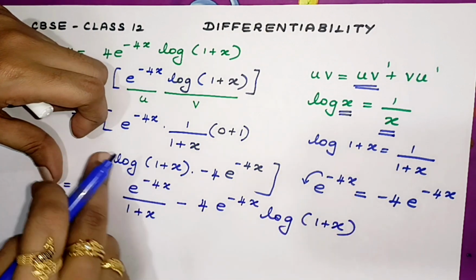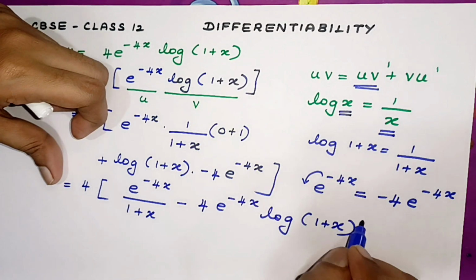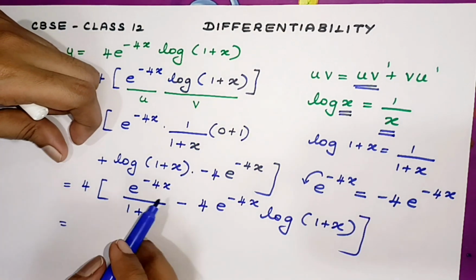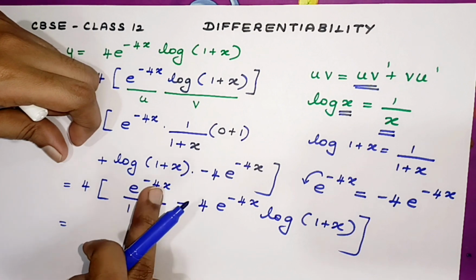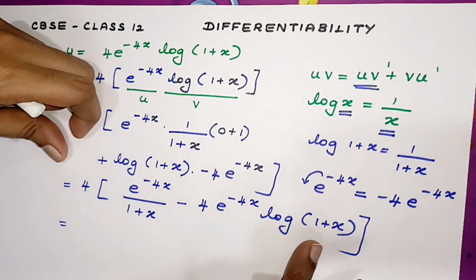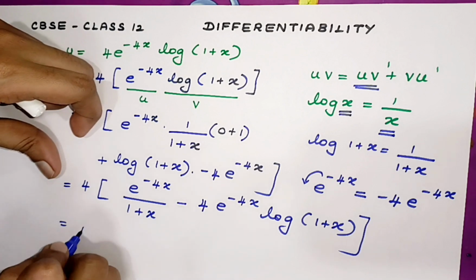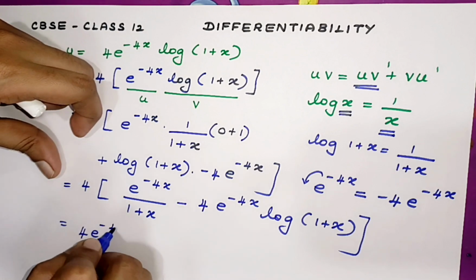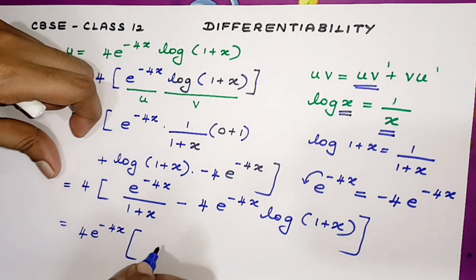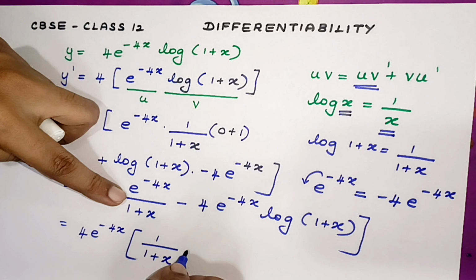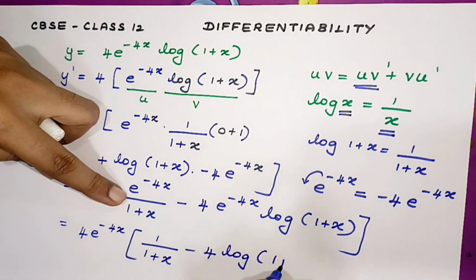I have just multiplied and joined all the terms. In this term e power minus 4x is there, and in this complete term also e power minus 4x is there. So I am taking out e power minus 4x from the bracket. Then we get 1 by 1 plus x minus 4 log of 1 plus x.